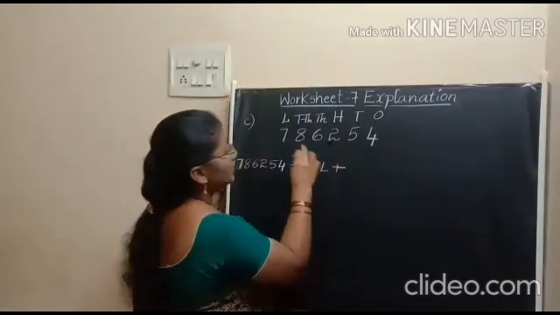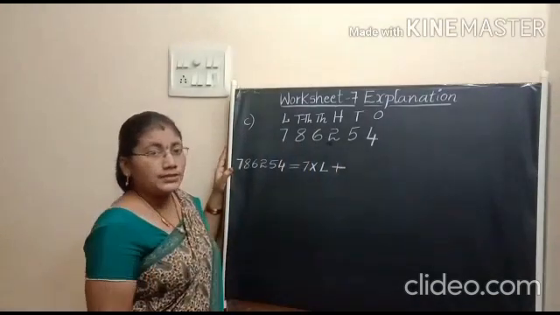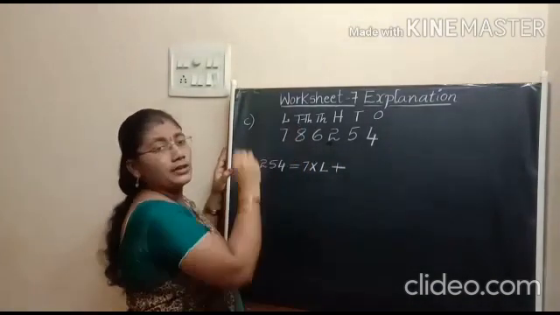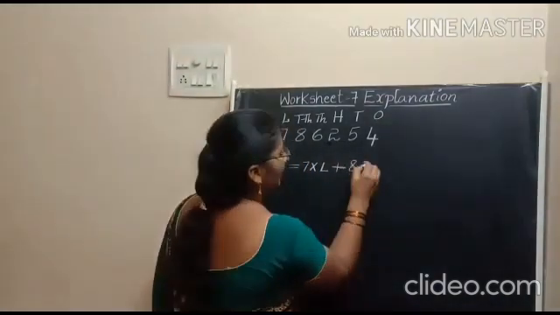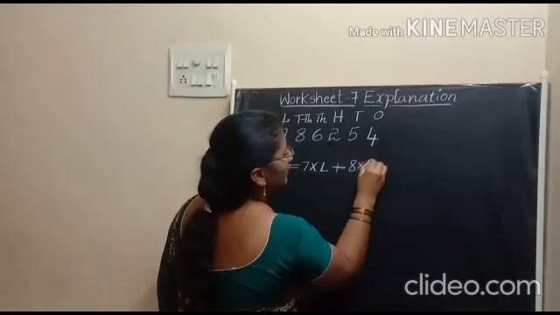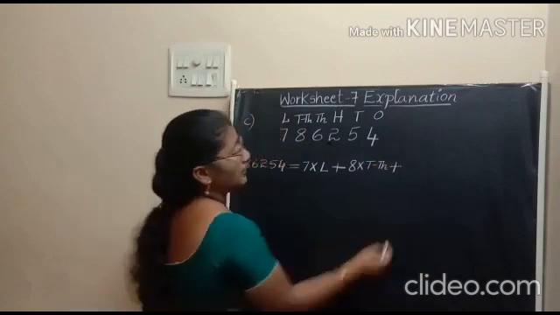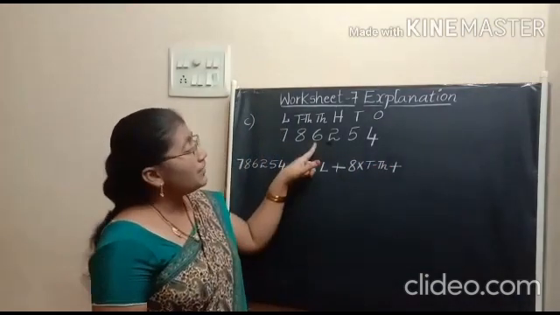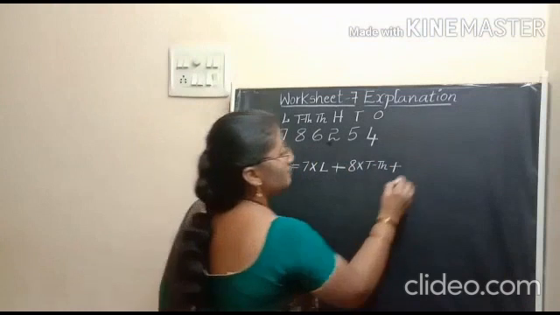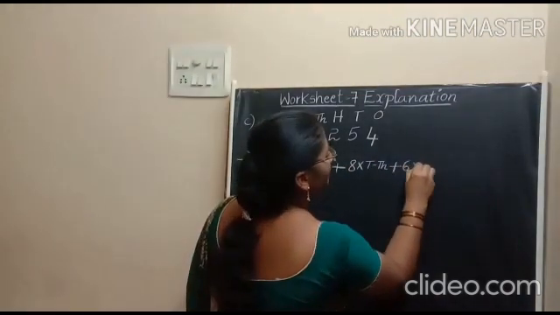Plus place value of 8. That is 8 into 10,000. TTH represents 10,000. Plus place value of 6. That is 6 into 1000.